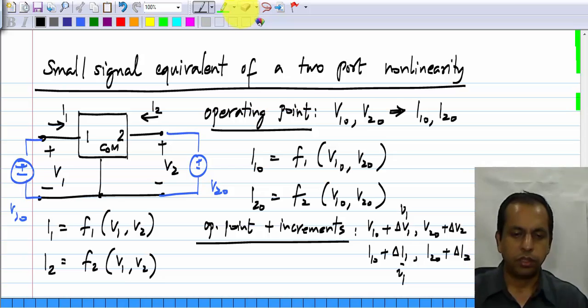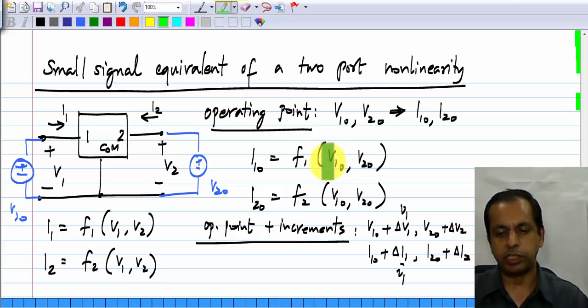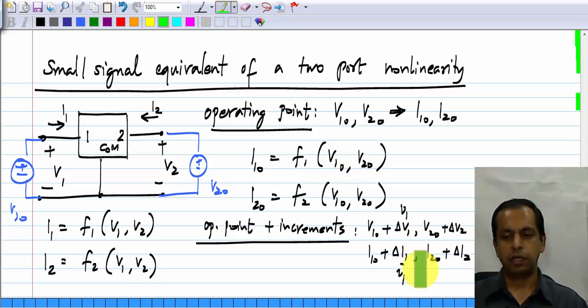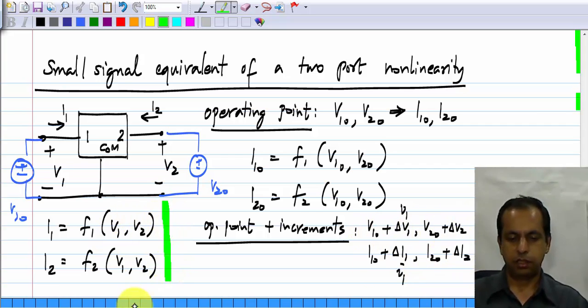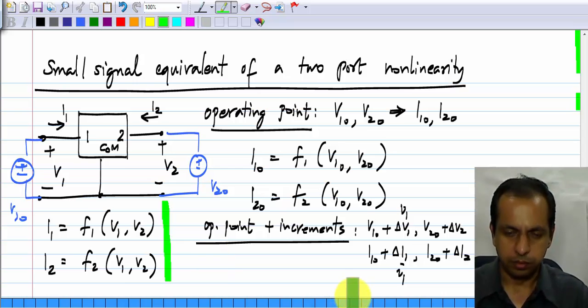Okay. So, all it says is that it could be changed from the operating point. And of course, again these voltages and currents have to satisfy these relationships which define the nonlinearity. Okay.